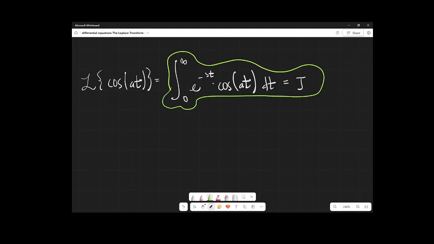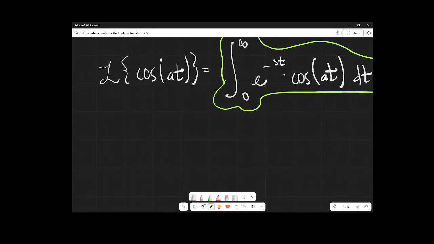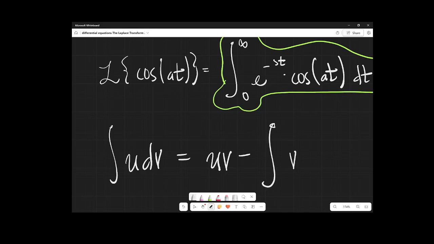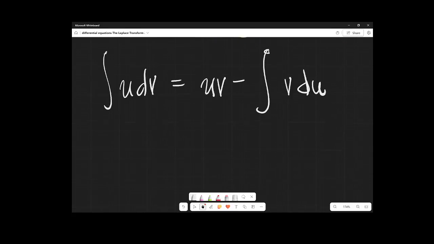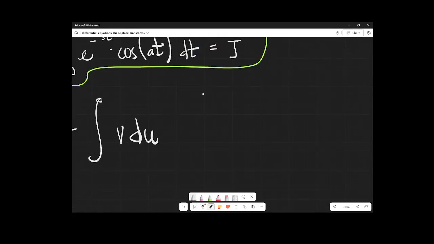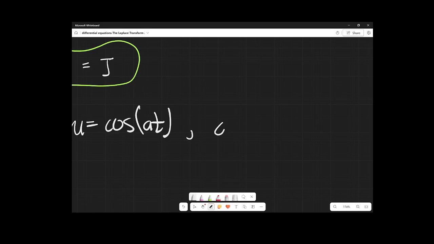And then we're going to use our integration by parts formula. Should be familiar with this now that I gave you a mnemonic device. Ultraviolet, super, voodoo, right? Okay, and for that we are just going to choose that u equals cosine of at, and then we choose our dv as the other function, right? That's the rule.